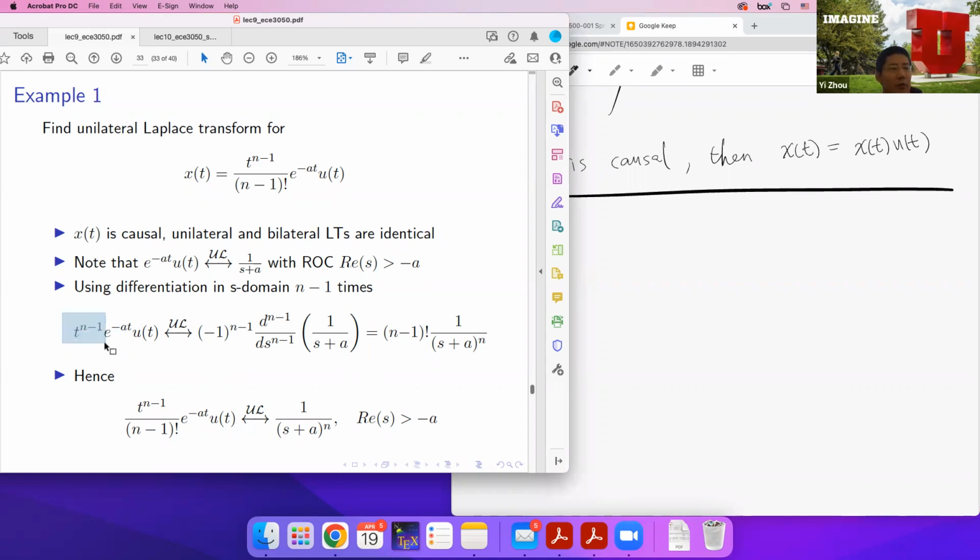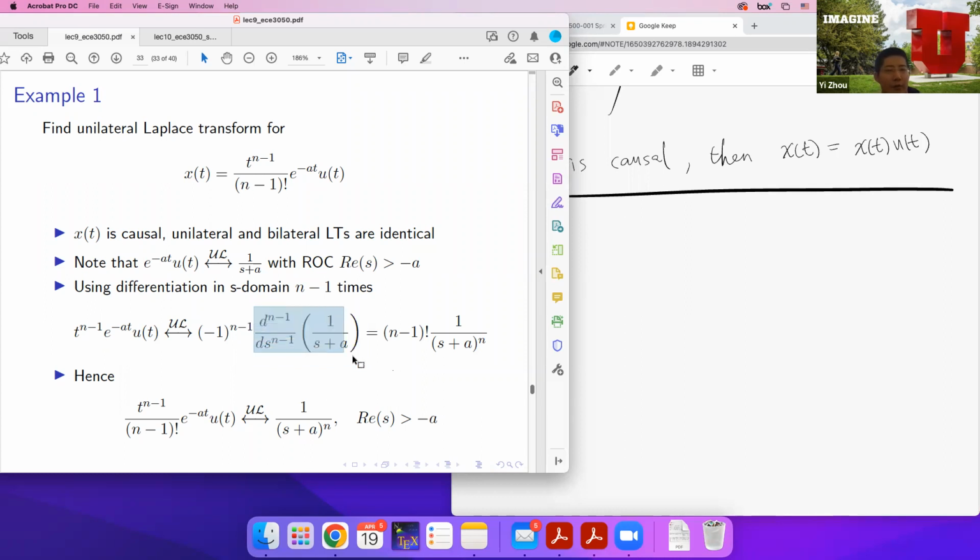We add this coefficient, this scaling factor. And then in the S domain, this will lead to -1 to the power of n minus 1, and then a differentiation of the original Laplace transform by n minus 1 times.